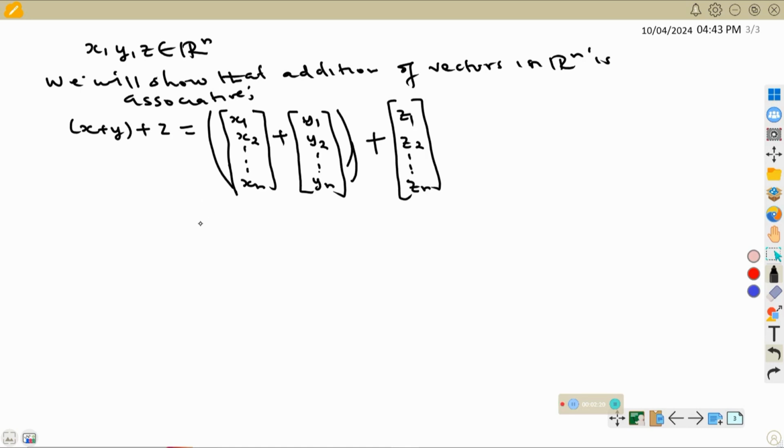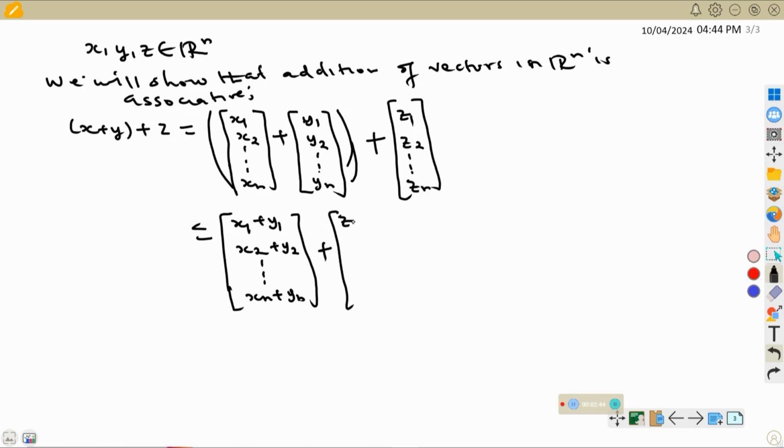So what do we get here? We shall be having x1 plus y1. This will be giving us x1 plus y1, x2 plus y2 up to xn plus yn, adding there z1, z2 up to zn.